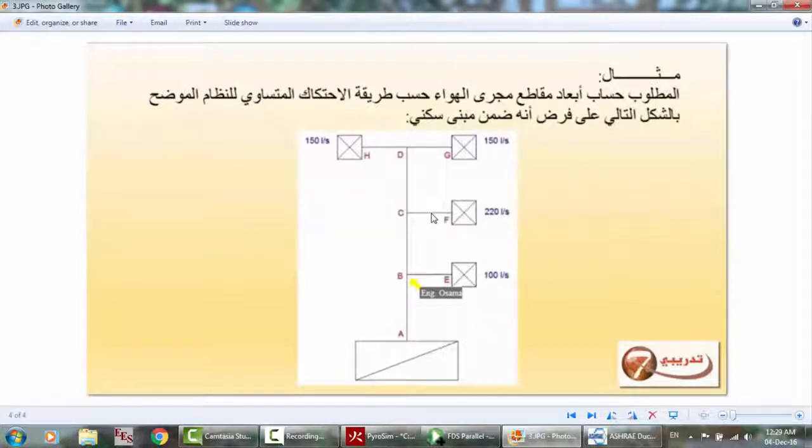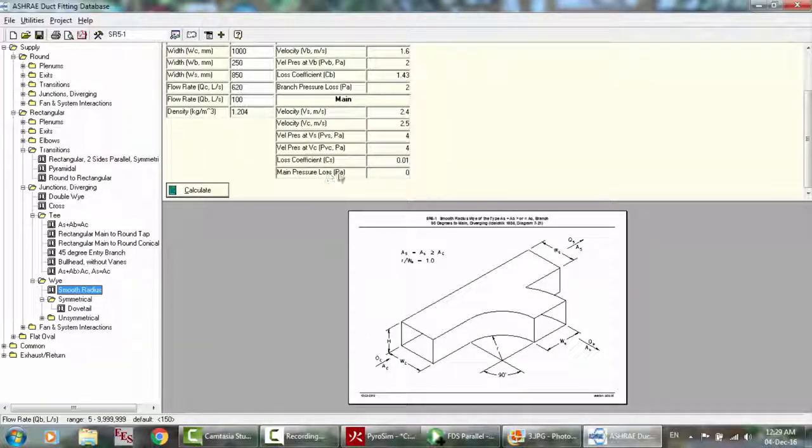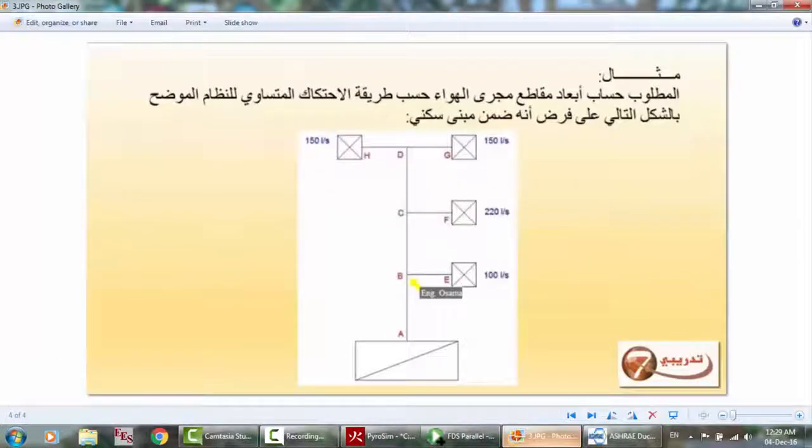So what is the solution now? If you predict that this is the worst path, A, B, C, D, G, you can take the main pressure loss as 0, as we said, and this is obvious because it has many frictions, many fittings, and many losses.